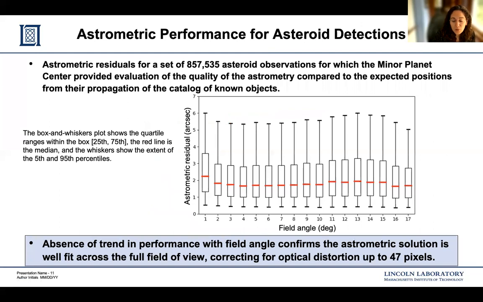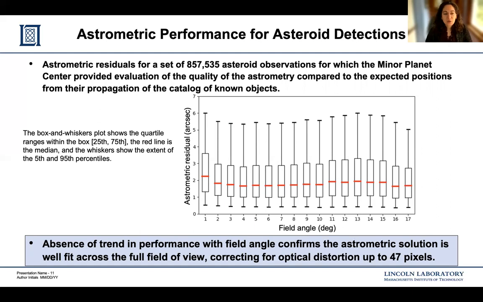What was shown before was our test for stars. If we compare the astrometric residuals for asteroid observations, for which the Minor Planet Center provided the evaluation of the quality of the astrometry compared to the predicted positions of known objects, we have over 800,000 observations of asteroids, and we compare our measured position with the reported truth data from the Minor Planet Center.